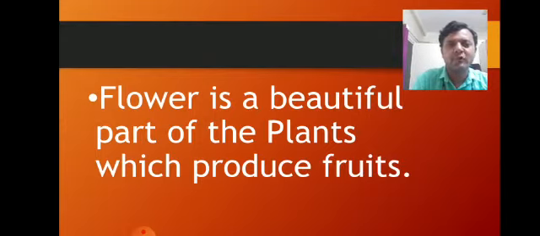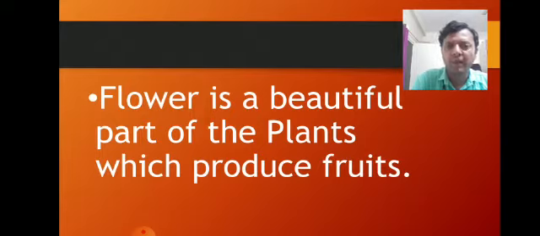A flower is a beautiful part of the plant which produces fruit. See, flowers change into fruit. Once the plant gets a flower, it will change into fruit. If the plant is flowerless, the plant will not get fruit. For example, the mango tree. You might have observed a mango tree.